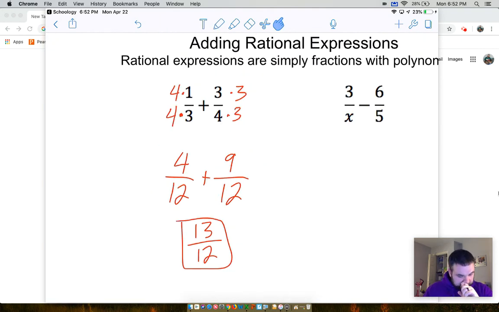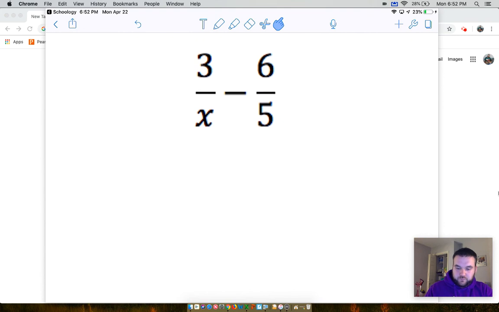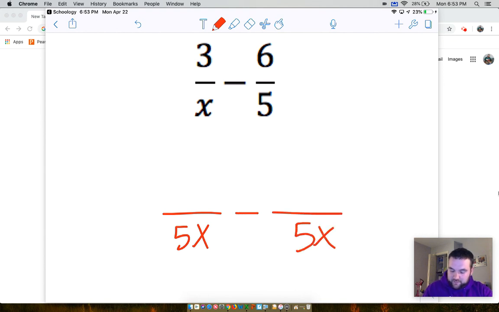What we're going to be getting into is what happens if there's a variable involved. So 3 over x minus 6 over 5. Maybe a little bit trickier to see where we're going with this. But in order to change a fraction, I have to use multiplication. So my only option is to get 5 times x as the common denominator. So in this second fraction, I'm going to multiply by x on top and bottom.